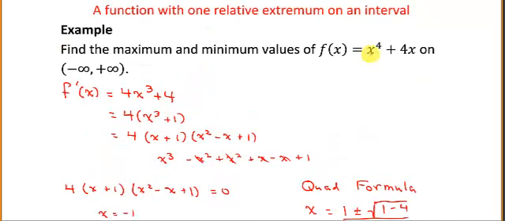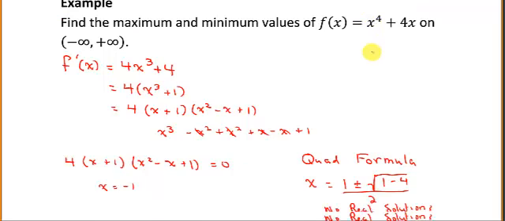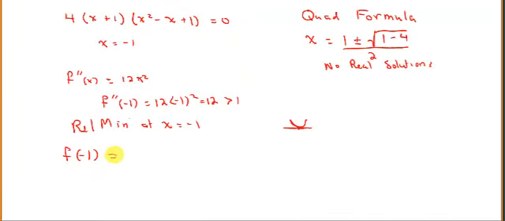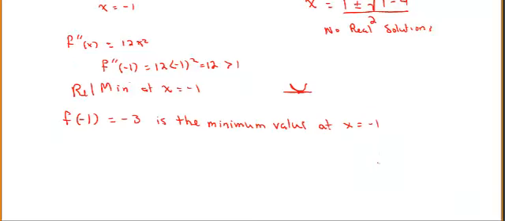If x is equal to -1, remember f of x is x to the 4th plus 4x, so that would be -1 to the 4th, which is 1, plus 4 times -1, so 1 minus 4 would be -3 is the minimum value, and it occurs at x is equal to -1.